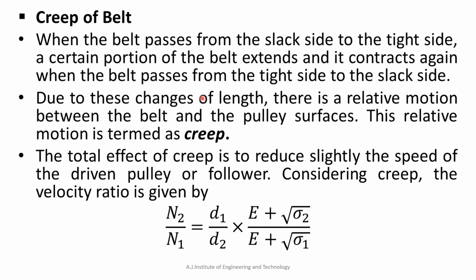Due to these changes of length, there is a relative motion between the belt and the pulley surface. This relative motion is termed creep. Usually the belt is transferred from tight side to slack side and slack side to tight side. The slack side is the loose side, because of the pushing action it becomes loose, and in the tight side the pulling action takes place and it becomes tight. Extension of the belt happens in the tight side, and contraction of the belt happens in the slack side.